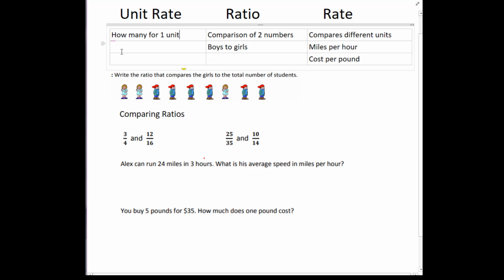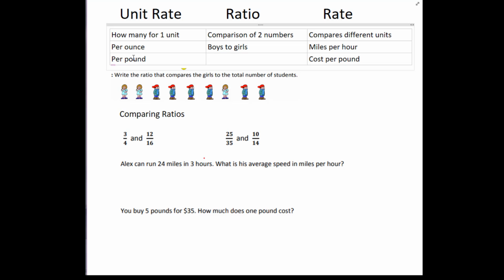We did this in our exercise in the Sam's Club versus Walmart, where we had to find out how much it was per ounce. So this would be like per ounce or per pound. And remember, that word per is definitely helpful to understand when you're doing ratios and rates. So say per pound. We get it down to 1 unit.